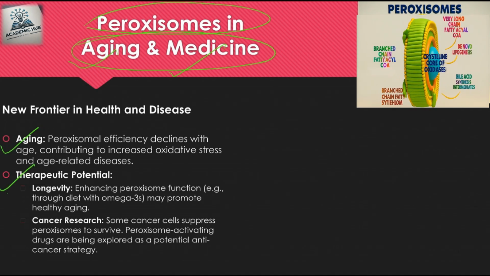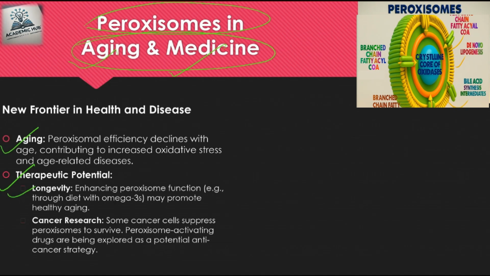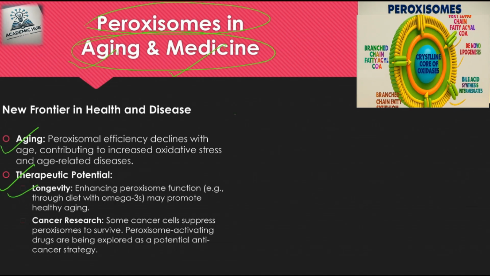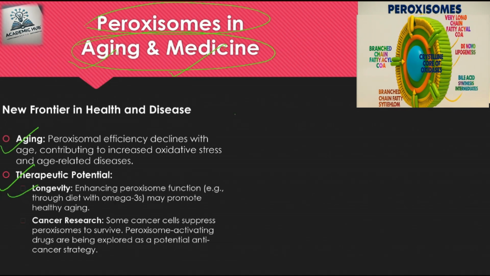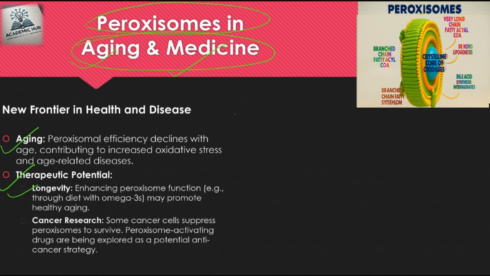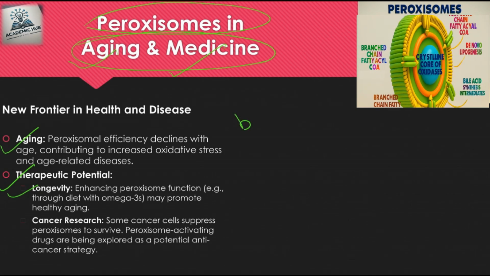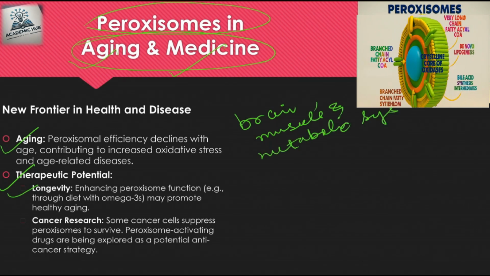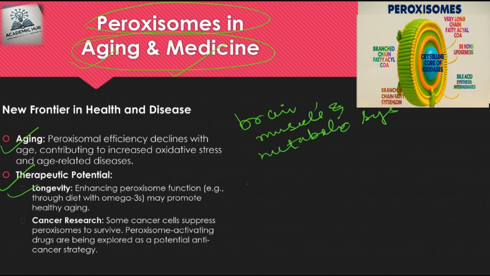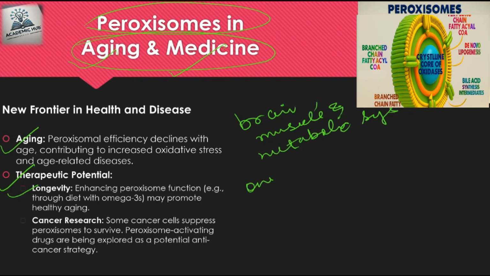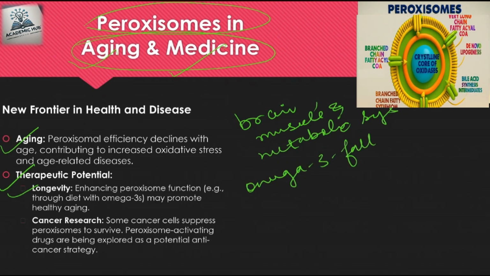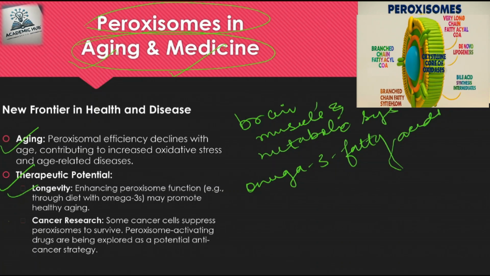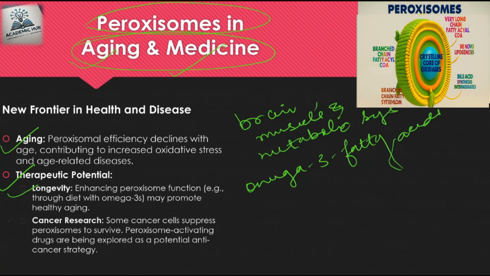Therapeutic potential: peroxisomes and longevity. Evidence suggests that boosting peroxisome function can improve the health of the brain, muscles, and metabolic system. Certain dietary choices such as consuming omega-3 fatty acids have been shown to support peroxisomal efficiency.